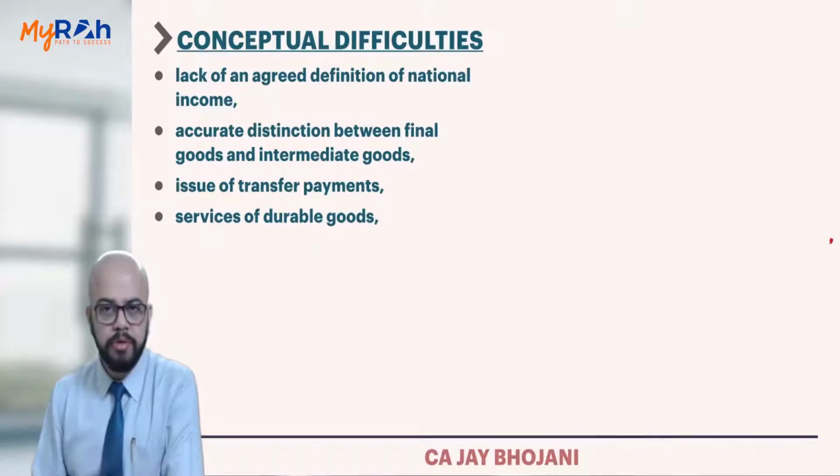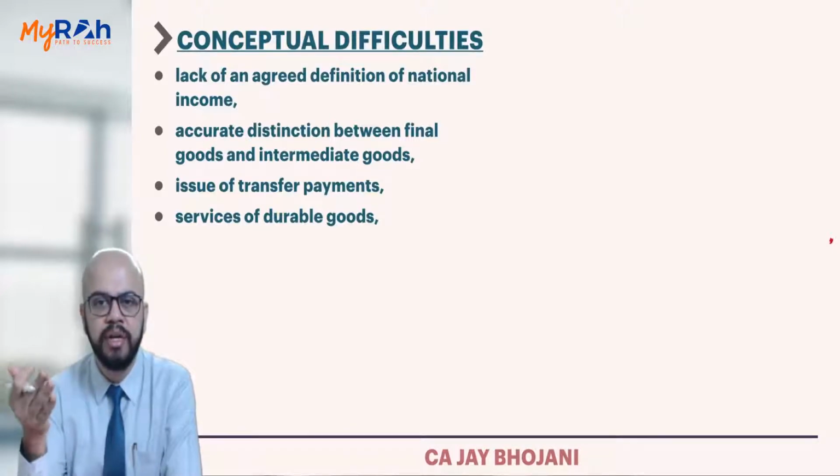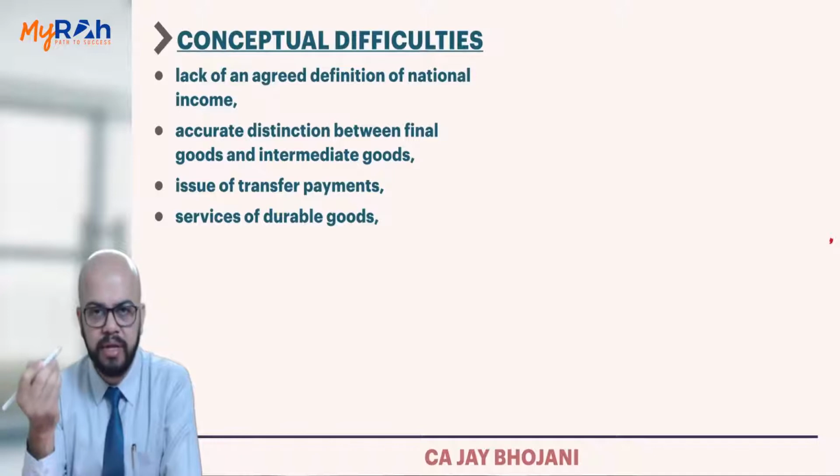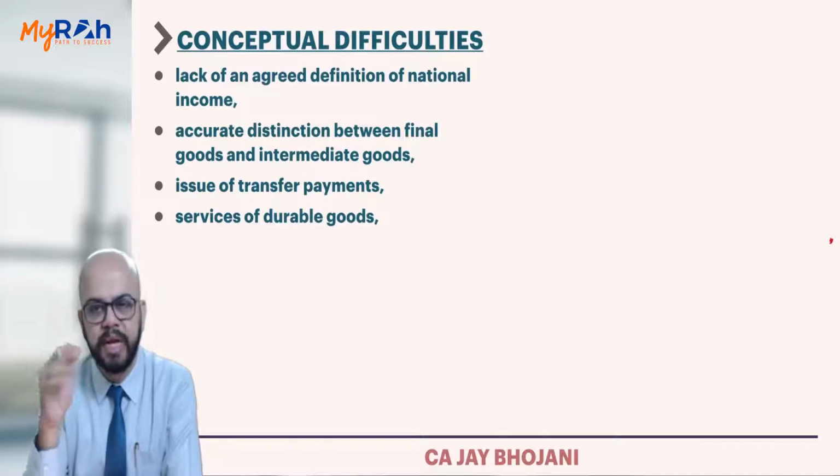Services of durable goods is also again a problem. Durable goods like car, refrigerator, washing machine, TV, etc. Very often when you purchase these goods, they give you a free service, right? One service free, two services free, three services free. So in reality, we all understand that nothing is free. The price of the service has already been included in the price of the product itself.